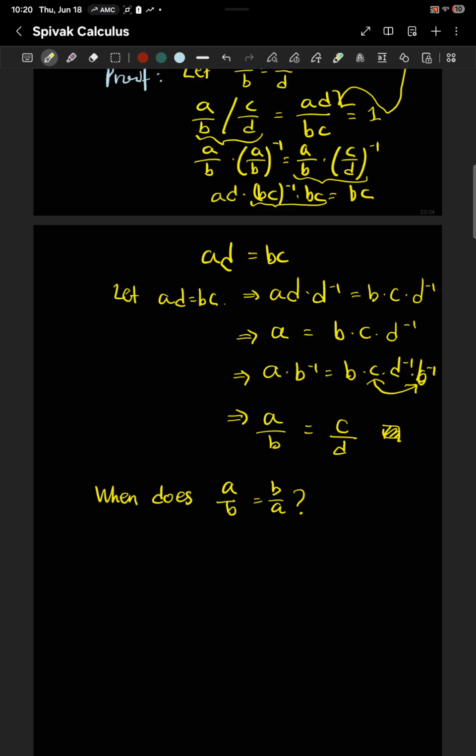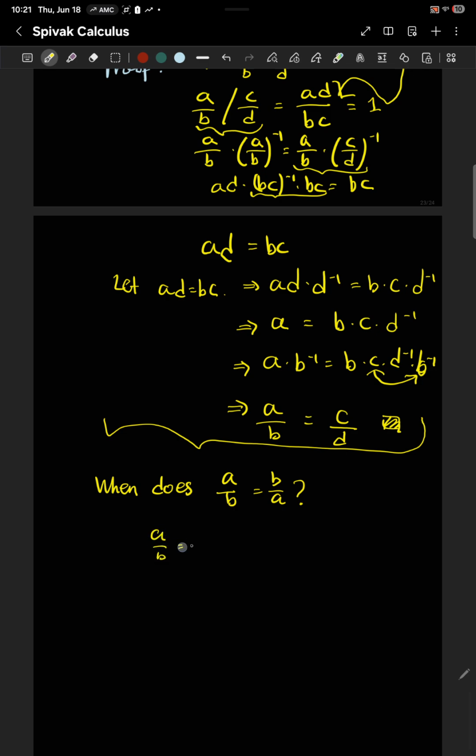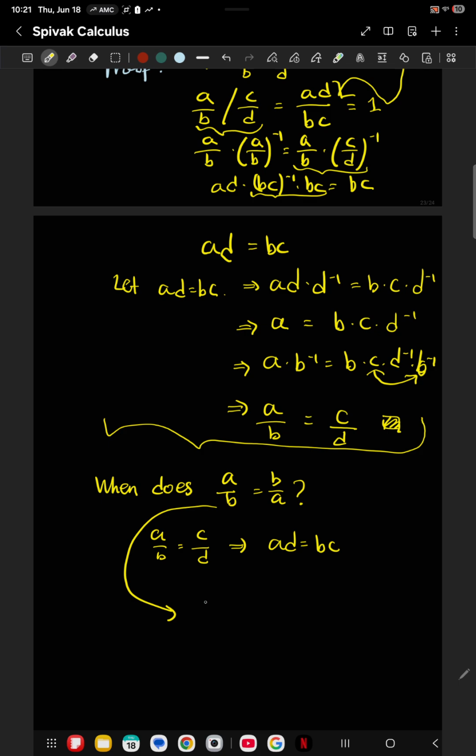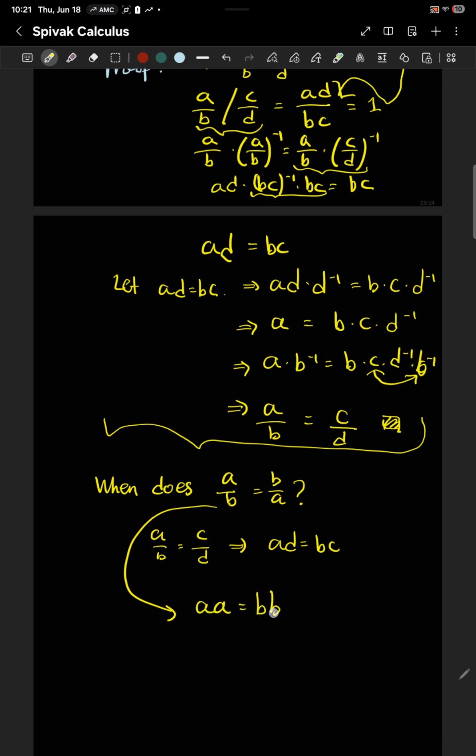I think we can use the fact we just proved. If A times A is equal to B times B, then we know that A over B is equal to B over A. Yeah, I think I just used the statement backward.